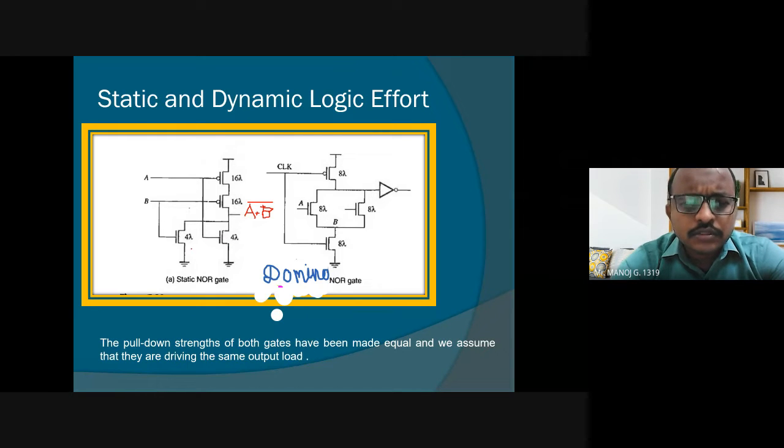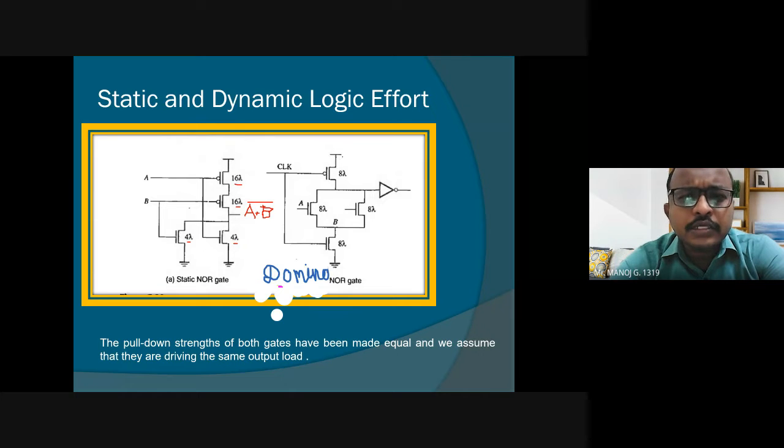Now look at this. We have the width of the transistors given here. For PMOS it is 16 lambda, and for NMOS it is 4 lambda. This is the static case.